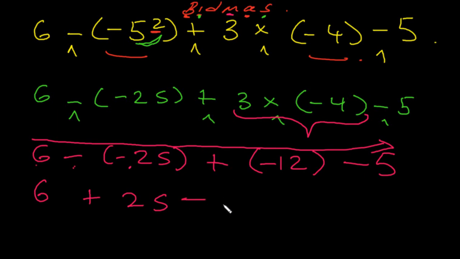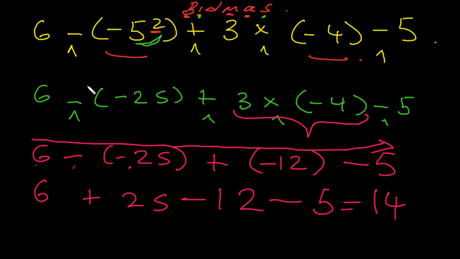So we'll have minus 12, and then again we have minus 5. Right, and then we add that up. We have 6 plus 25 is 31, minus 12 is 19, minus the 5 is going to be 14.